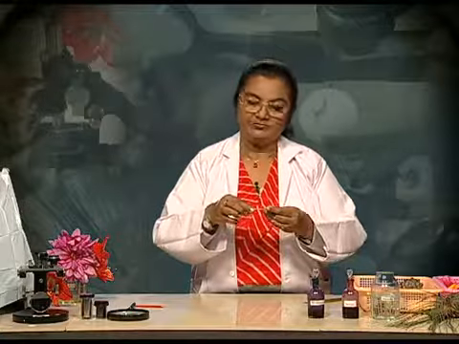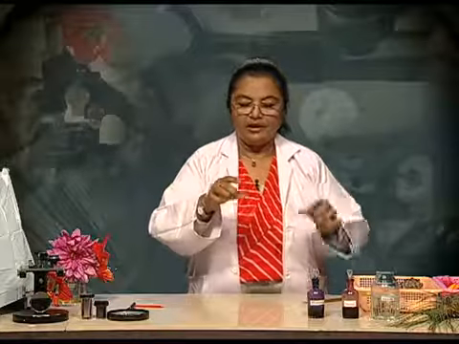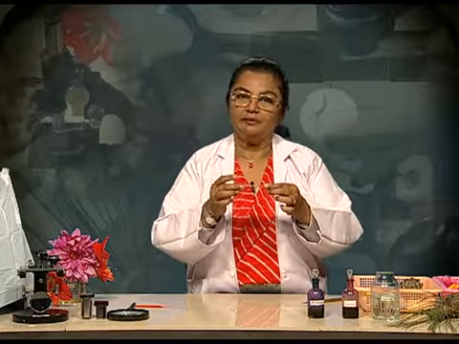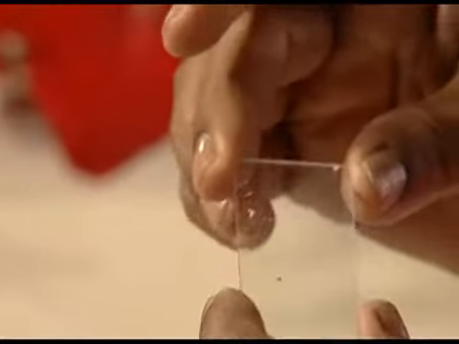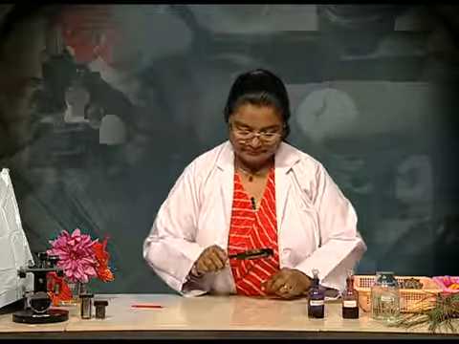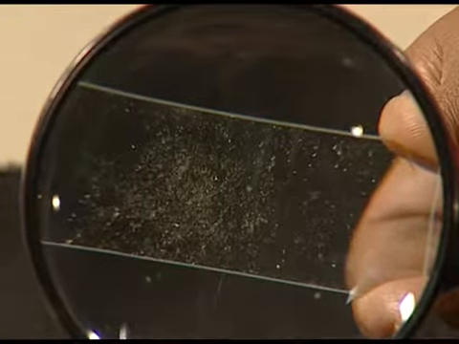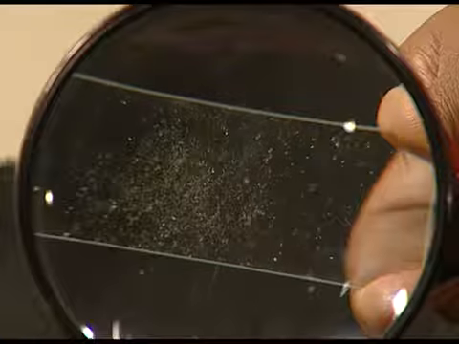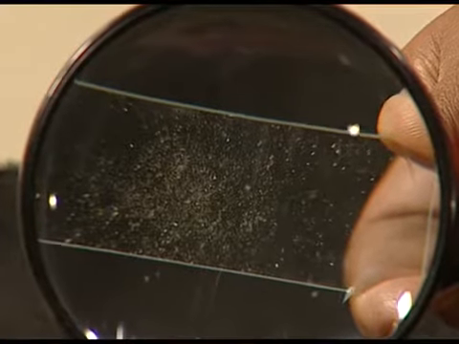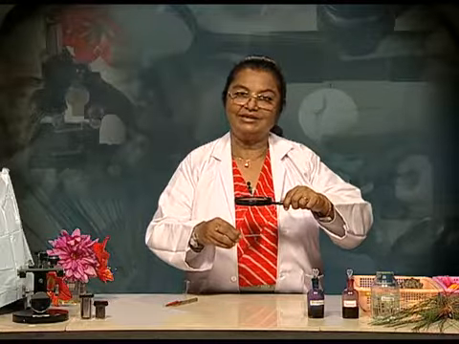So, I will remove the scales and we are left with the pollen powder on the slide. Here we can see the yellow powdery substance looking like small particles under the hand lens.